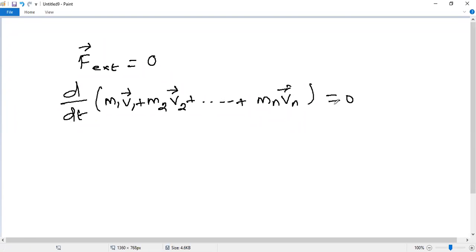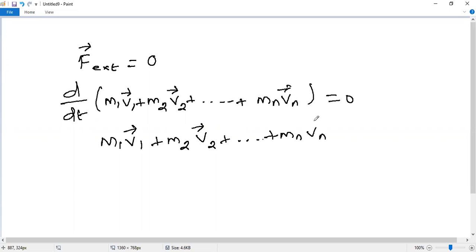So finally, it is equal to 0 now. Then the differentiation being zero means m1 v1 plus m2 v2 etc. plus mn vn is not 0, it is equal to constant. This is the second equation.